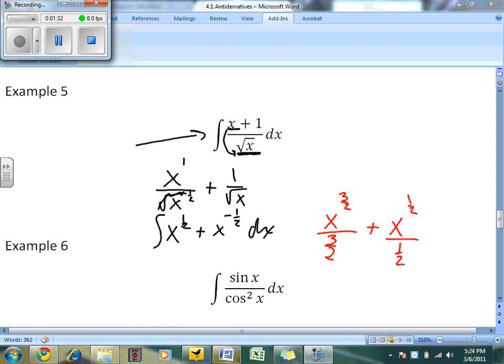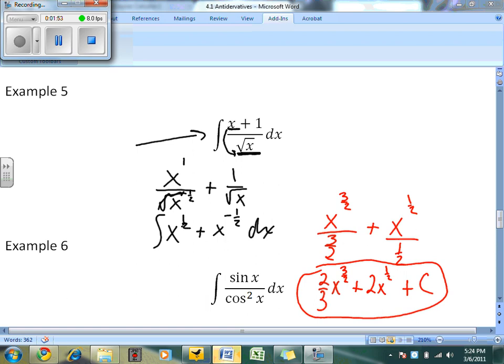Now I added 1 to each of those, and so we can just simplify and rewrite here. We're going to have 2/3 x to the 3/2 plus 2x to the 1/2, or the 2 square root of x. And then don't forget your plus c, right? Since we're doing the general equation here.